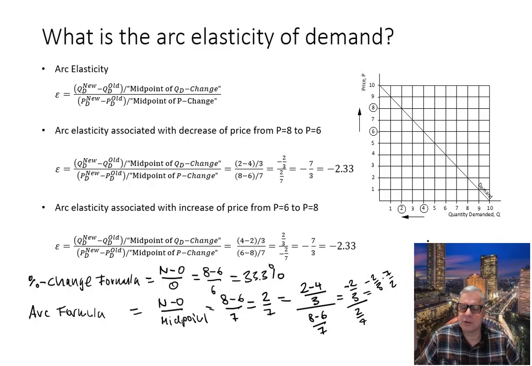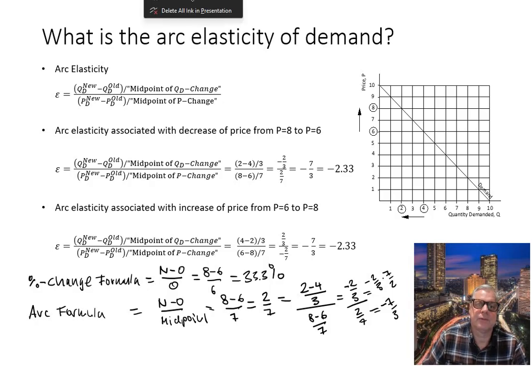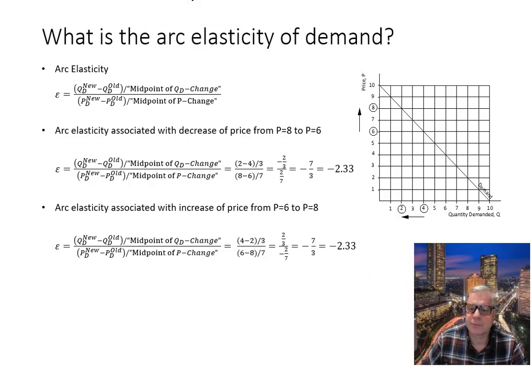So the 2 cancels out, and we get negative 7/3, and negative 7/3 is negative 2 and 1/3. So if we increase the price from 6 to 8, we get an elasticity of negative 2.33.